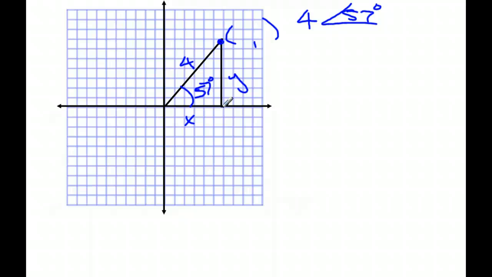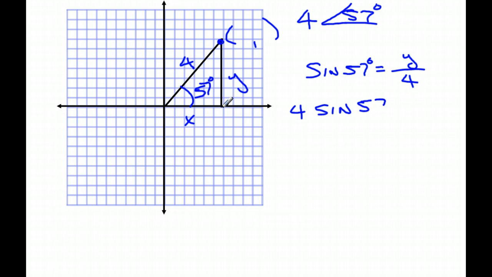Okay, I'm going to go through the theory following what direction Tommy went. Sine of 57 degrees equals opposite over hypotenuse. Then I take 4 times the sine of 57 degrees, and that equals y.